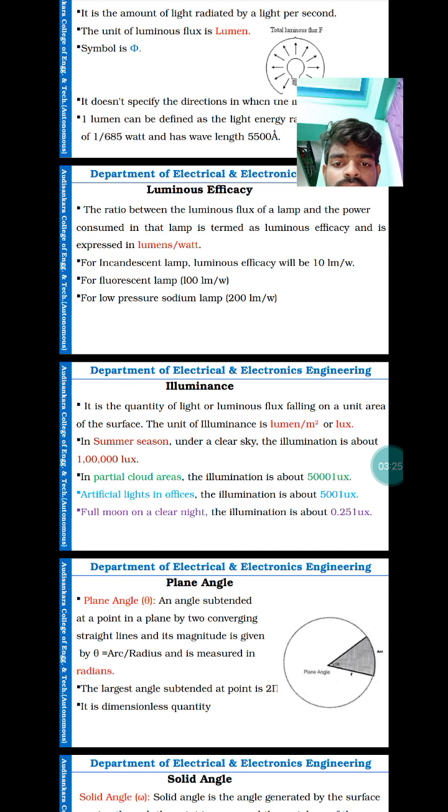In summer season, under a clear sky, the illumination is about 1 lakh lux. In partial cloud area, the illumination is about 5000 lux. The artificial lights in office, the illumination is about 500 lux. Full moon on a clear night, the illumination is about 0.25 lux.